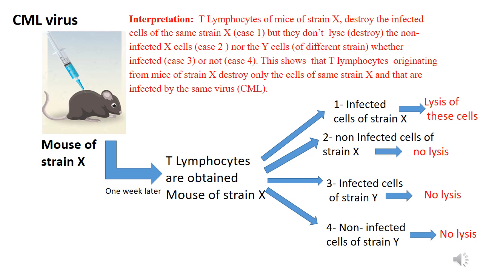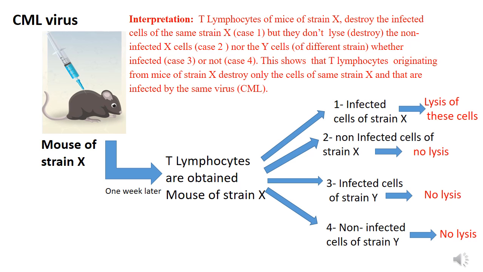T lymphocytes of mice of strain X destroy the infected cells of the same strain X, case 1. You see, lysis means destruction of these cells.